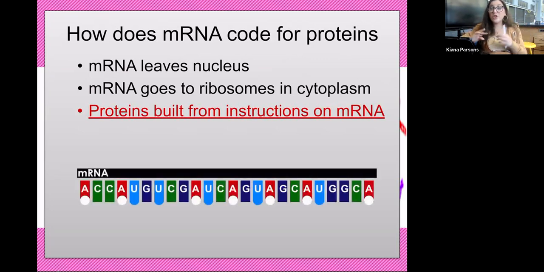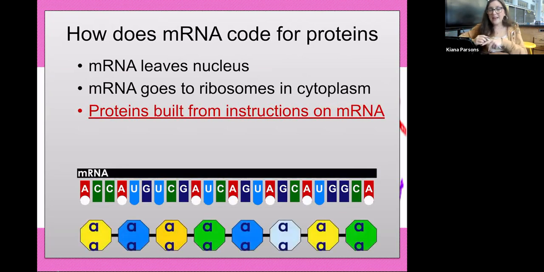And the ribosomes actually are reading this strand of mRNA. And they will then use their ability to read this mRNA, with the assistance of tRNA, which we're going to get to, to code this amino acid sequence based on that strand of mRNA. And that process that we're about to get to is the translation.